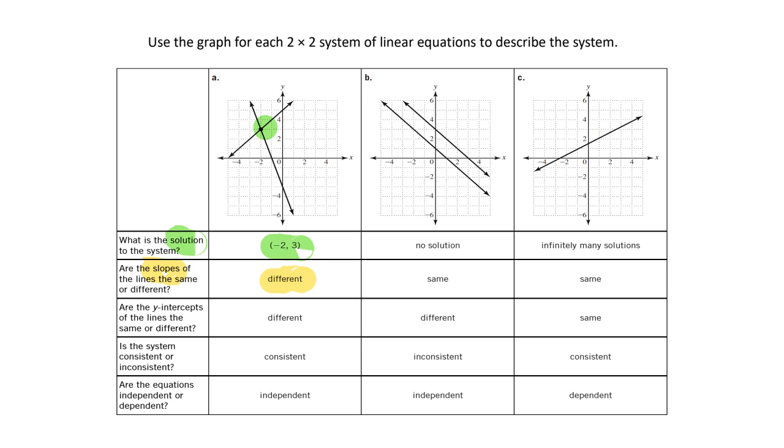Now look at the third line, the y-intercept. The y-intercept is this point and this point. Notice they're different. In the parallel lines, they're different. But if you look at C, they sit on top of each other. They have the same point.